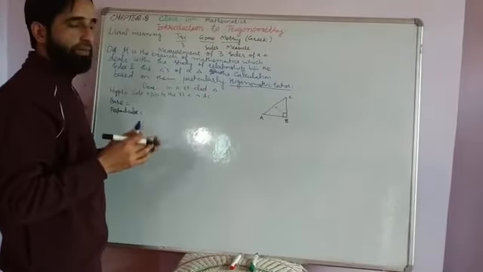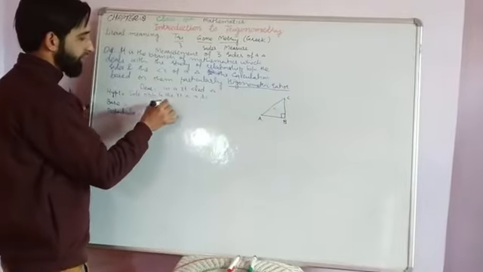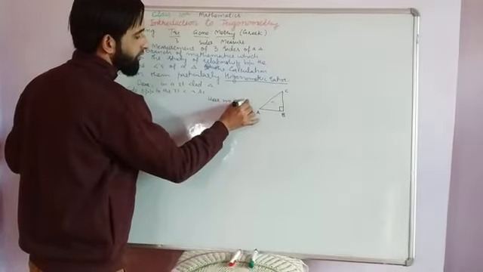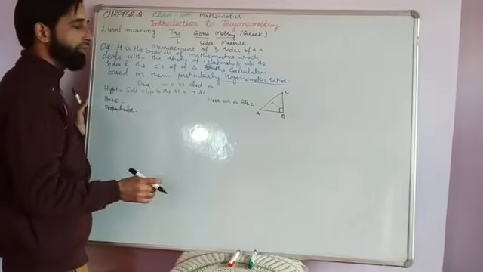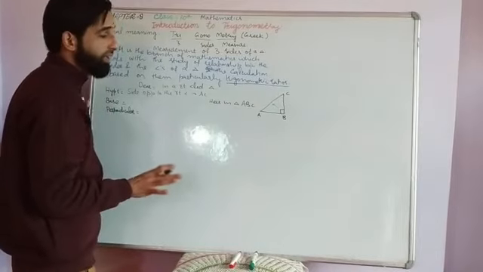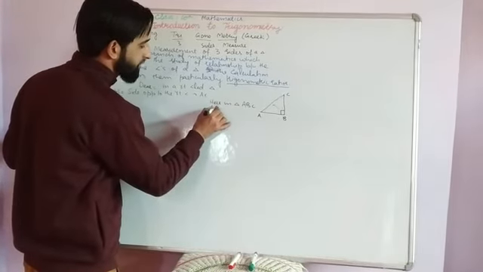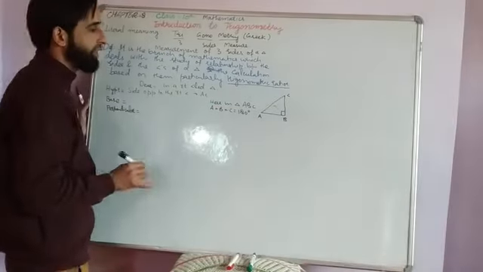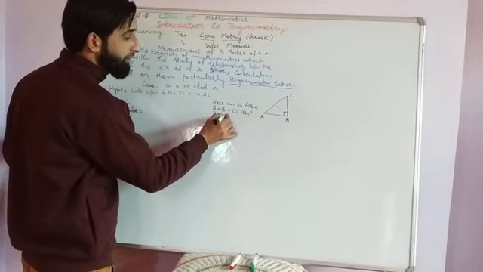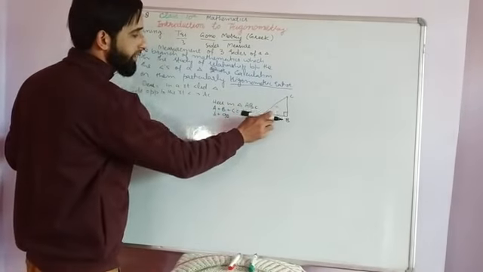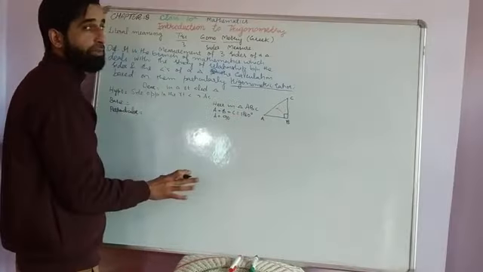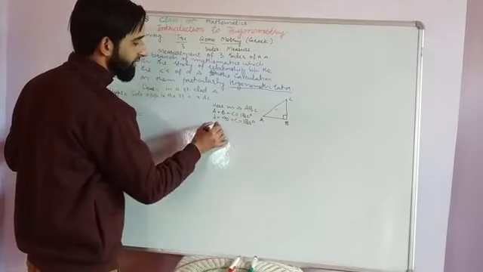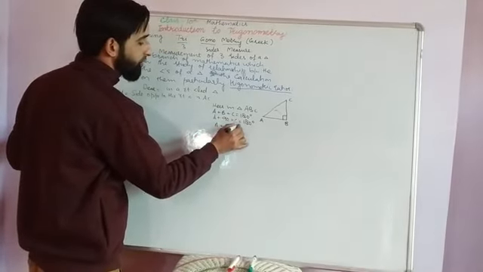Before identifying which side is base and which is perpendicular, in triangle ABC, the sum of the three interior angles is equal to 180 degrees by the angle sum property of a triangle. So angle A plus B plus C is equal to 180. But angle B is equal to 90 because the given triangle ABC is right angled at B. Hence 90 degrees plus A plus C is equal to 180.